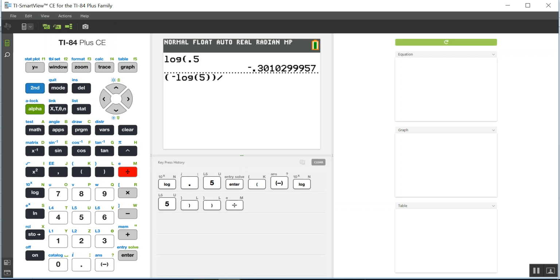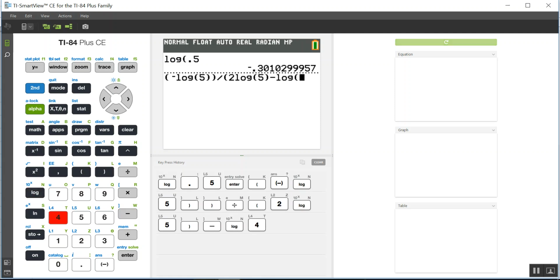Divided by, I'm going to put parentheses around the denominator, 2 times the log of 5, close parentheses on the log of 5, minus log of 4, and actually at the end I don't have to close my parentheses when I'm all done. Hit enter, and I get negative 0.8782.